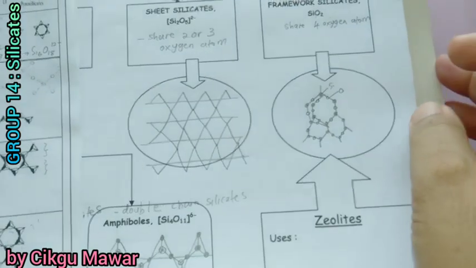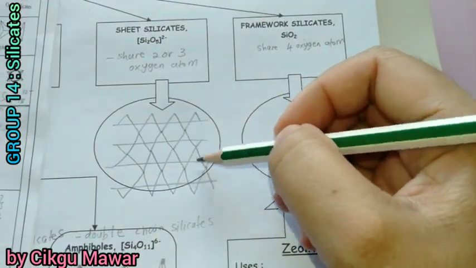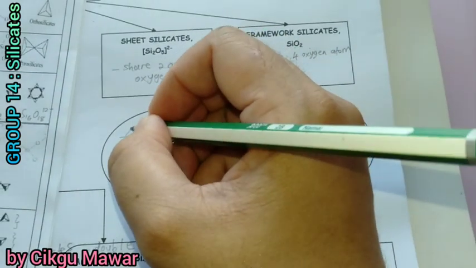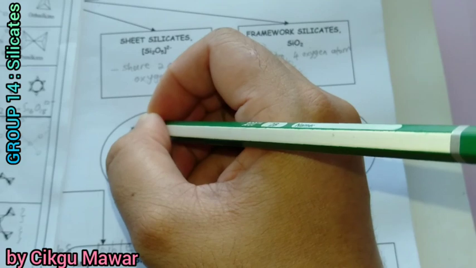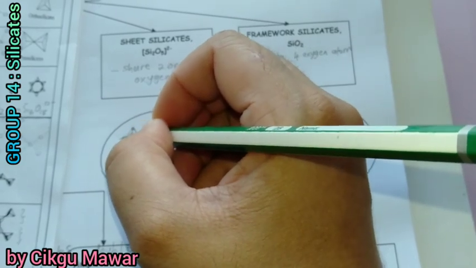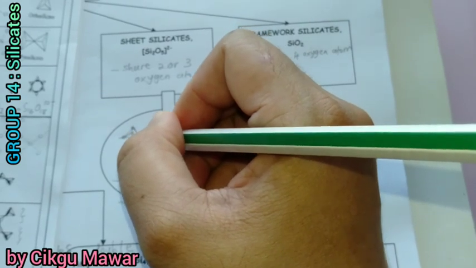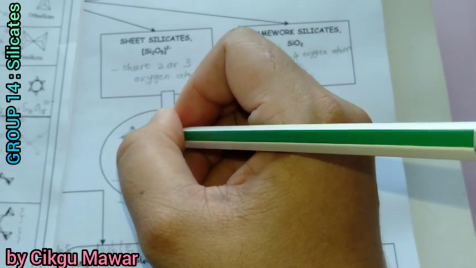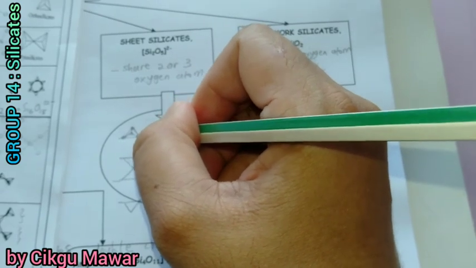So this is the chain for sheet silicate, and then you just complete it by putting the Si bonded by oxygen. Oxygen and silicon here.